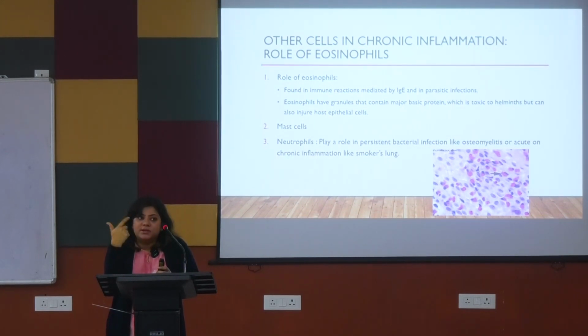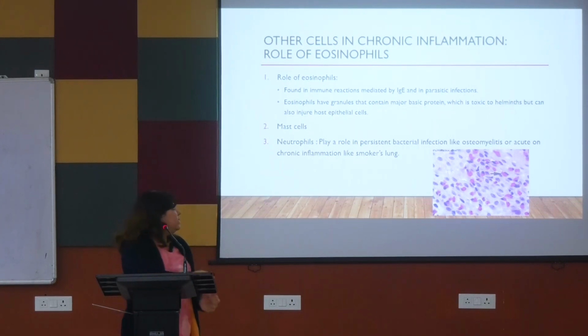Actually, it recognizes that structure, say a pollen or hay or something, as pathogenic, which is not pathogenic to the body. Then there is hypersensitivity reaction, IgE secretion, and there will be raised eosinophils, or that site will have lots of eosinophils. So eosinophils can also be involved in chronic inflammation.